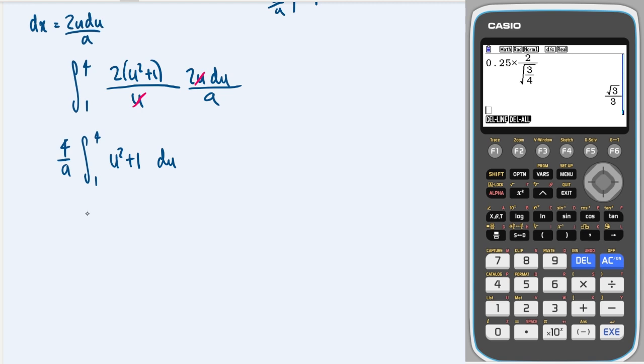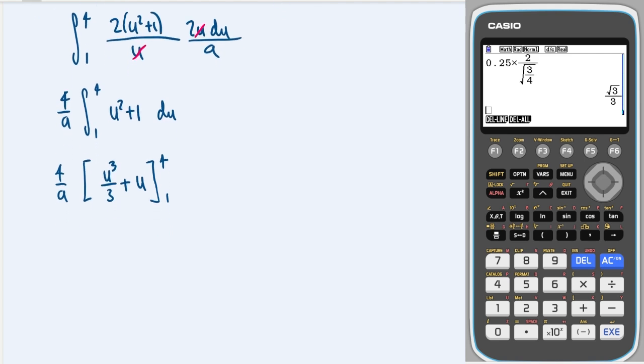Okay, let's integrate this now. Up the power, divide by the new power, so u cubed over 3, and that 1 integrates to u. Between 4 and 1, and don't forget our factor outside. Subbing in 4 is going to give me 64 over 3 plus 4. And sub in 1 is going to give me 1/3 plus 1.